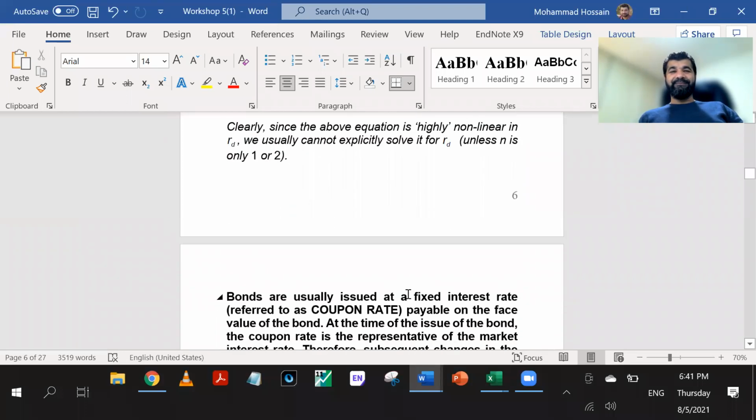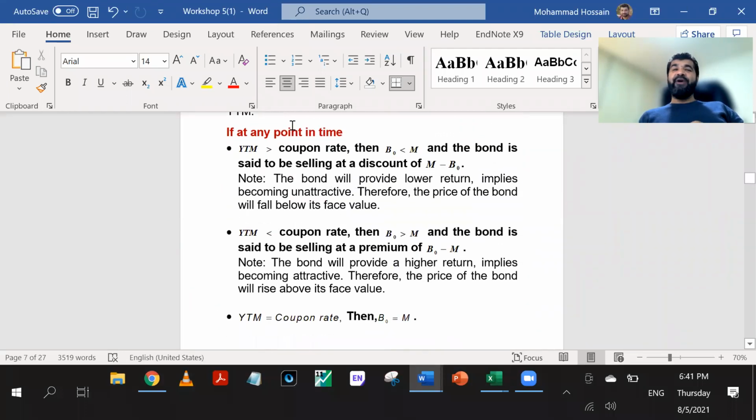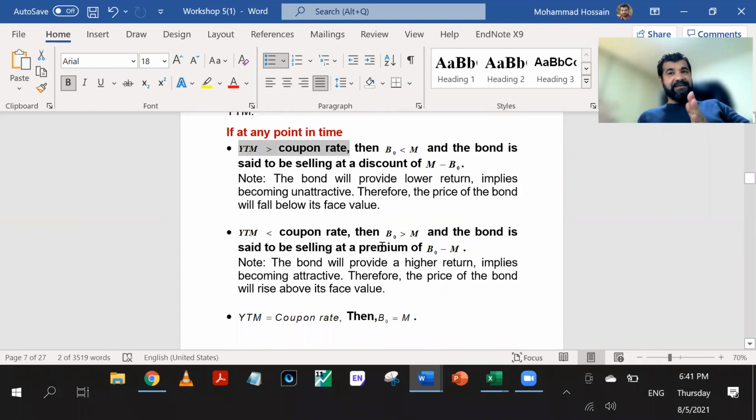So at any point in time, 3 years, 4 years, 5 years, if your yield to maturity is greater than the coupon rate, say the coupon rate is 8.6%, but if I wait for the next 6 years that will give me more interest than the 8.6%, then you understand that the bond value is less than the par value.